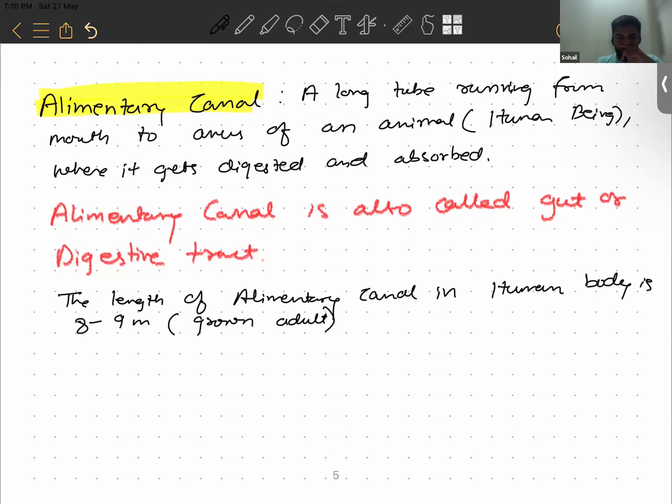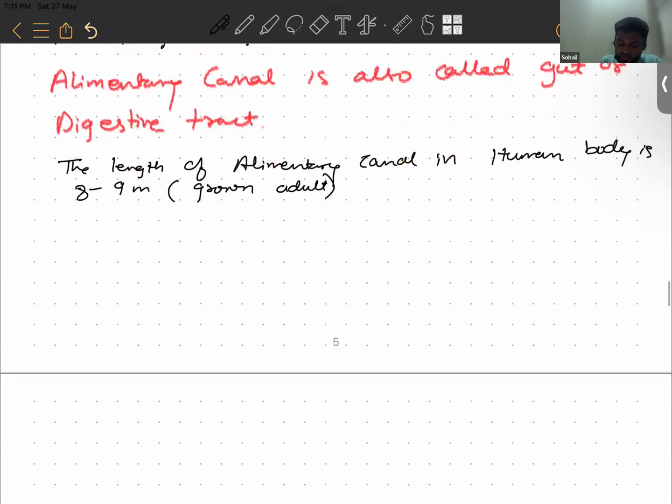Now, an important thing to know is what the alimentary canal is made up of. What are the parts which make up the alimentary canal? So the parts of the alimentary canal are as follows.